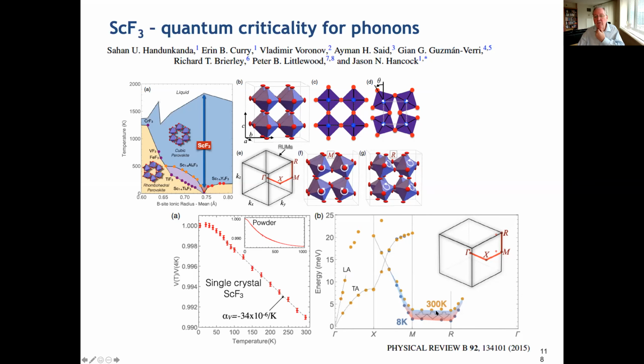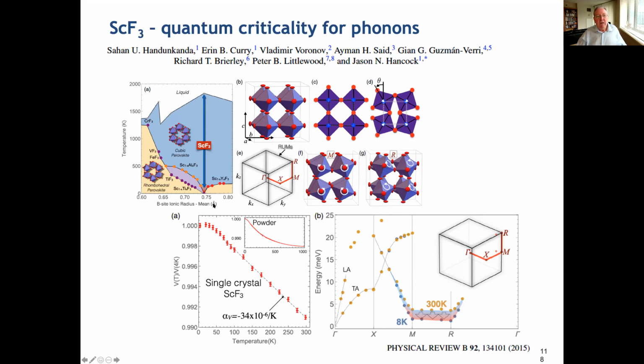They soften a lot as you go down to low temperature. This, by the way, makes this material a well-known negative thermal expansion material, because as you raise the temperature, the fluctuations get bigger and everything comes in together. This is something that Martin Dove is a specialist at, actually.